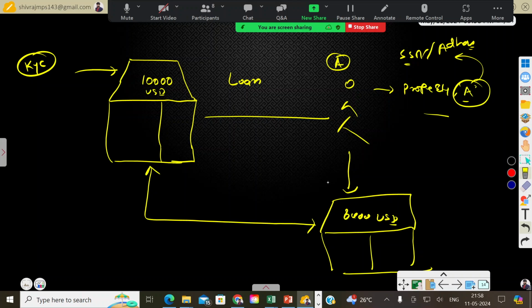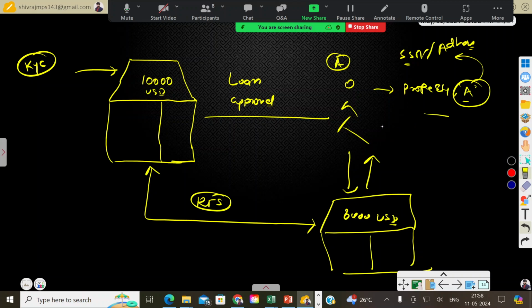The loan amount has been disbursed, and the bank received documents, which are RTS, right to sell documents, or you can say power of attorney, against the loan disbursement. So the bank processed this amount to this person. This person has received the loan amount. And here, let's say the loan transaction is closed.